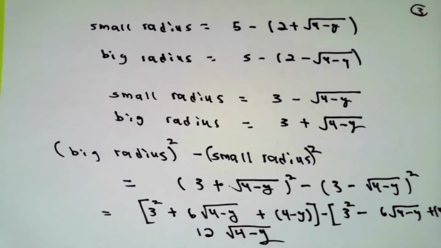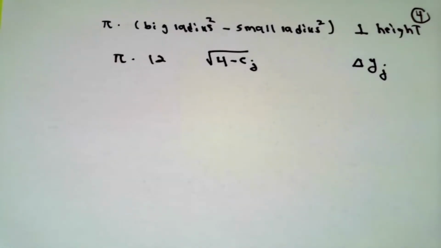Since I'm thinking of evaluating this at some representative y number called c_j, this will be 12 times the square root of 4 minus c_j when I begin setting the integral up. Writing out the recipe, pi times big radius squared minus small radius squared worked out to be 12 radical 4 minus c_j. The perpendicular height is delta y_j.